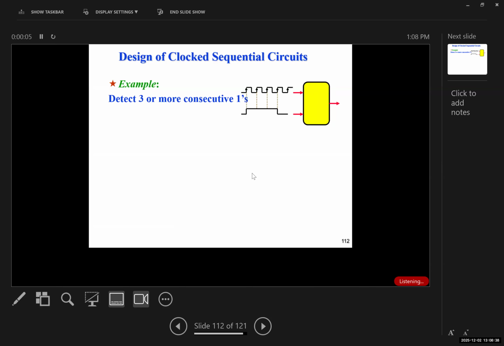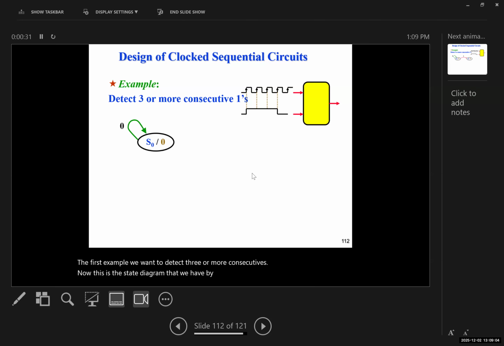Now, as an example, to design a clocked sequential circuit, the first example, we want to detect 3 or more consecutive ones. Now, this is the state diagram that we have. By the way, S0 means state 0.